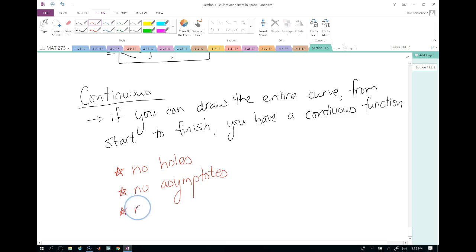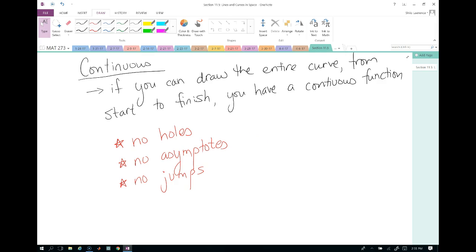It also has no jumps, and jumps we sometimes see with piecewise functions. When we transition away from one of the pieces and then start working on the second piece, if those two pieces don't match up at the same y value, then there's going to be a big old jump in our graph. We would have to lift our pencil and physically move it to the new location to continue drawing. And that means it's not continuous.